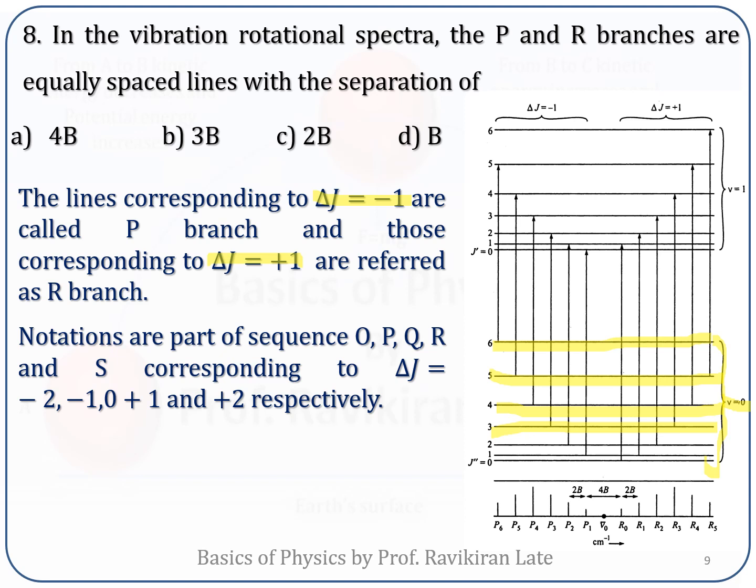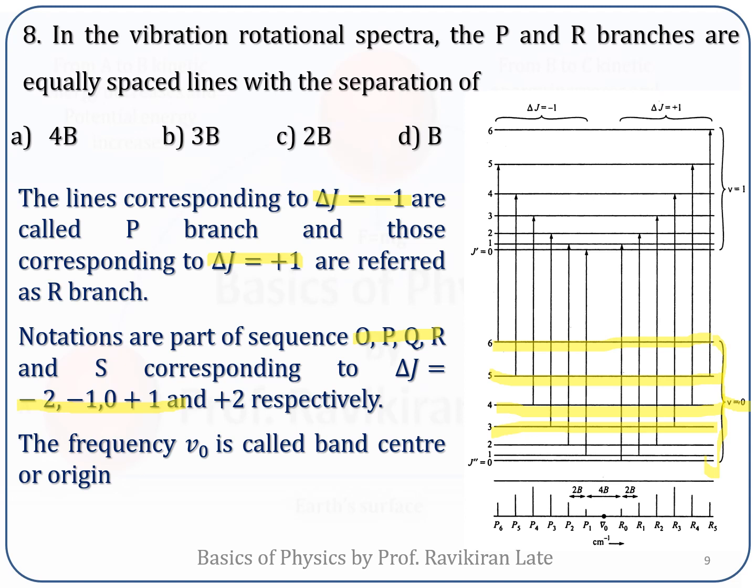Okay, so if you look at the notations, they will be like this: O, P, Q, R and S corresponding to delta J equal to -2, -1, 0, +1, +2 respectively. And the center frequency, that is nu naught, is called the origin or band center. So if you look at the option between the P and R branch, it has been asked.